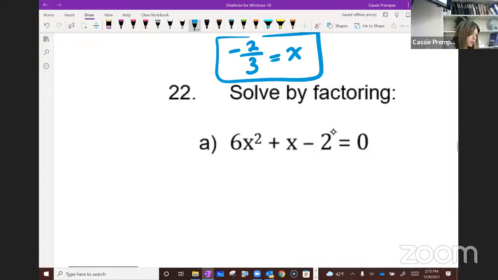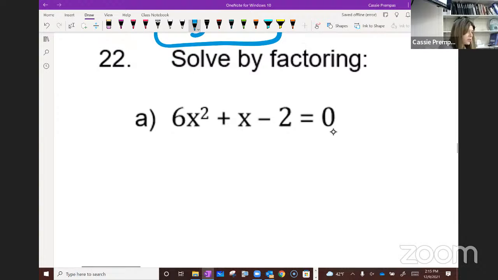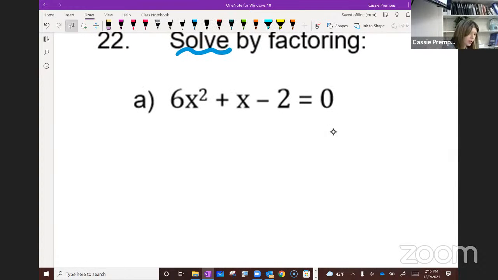On to number 22. Number 22 is now not only factor, but now we're given those instructions, solve by factoring. I think you could do this with your partner. So this time, the person with the least amount of pets, you turn to your partner and tell them, how would you go about solving this? That's me. Okay. So I would look for a GCF. There's none. So then I would factor that down.